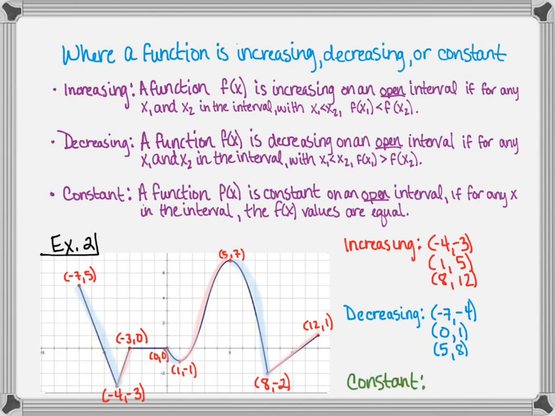Okay, let's see if the function is constant anywhere. Well, if a function is constant, its f of x values are equal, or we see a horizontal line segment. We have one of those right here, from x equals negative 3 up to x equals 0. So here are the intervals where the function is increasing, decreasing, and constant.